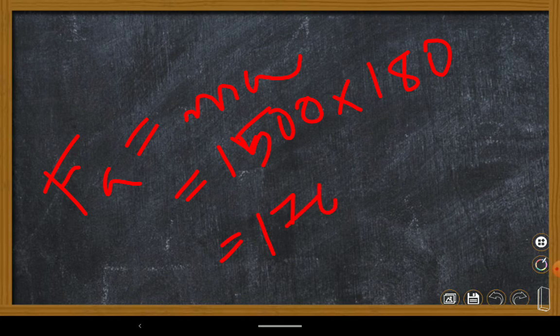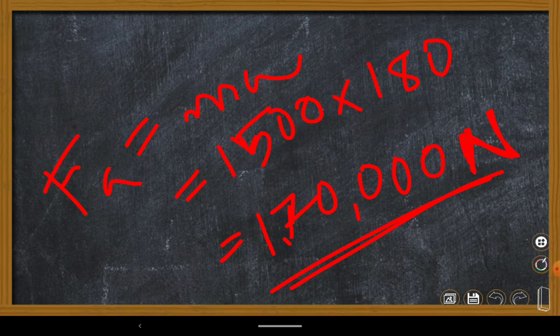The mass of the Ferrari was 1500 into its acceleration, that is 180, and by multiplying we get 270,000 Newton. It's the unit for force in SI. So 270,000 Newton for the Ferrari.